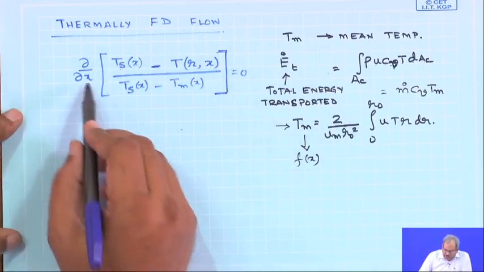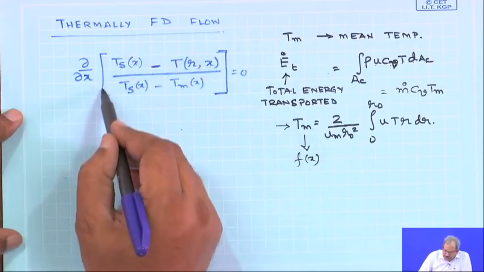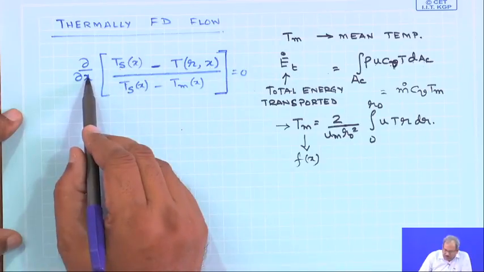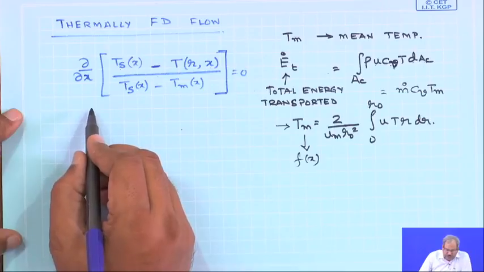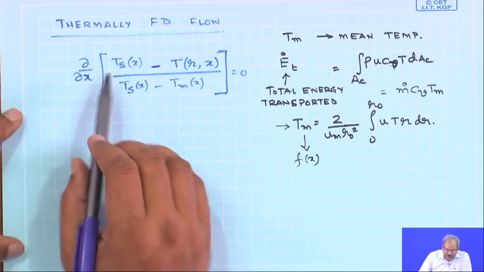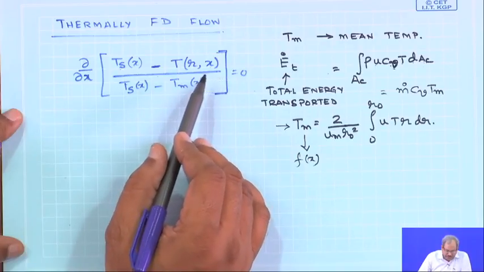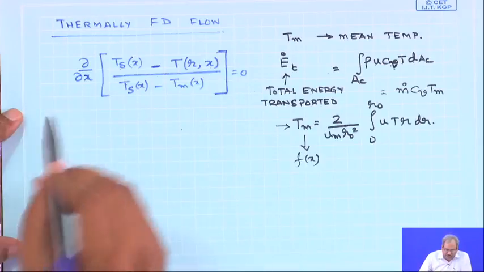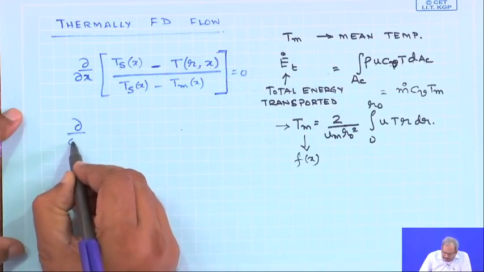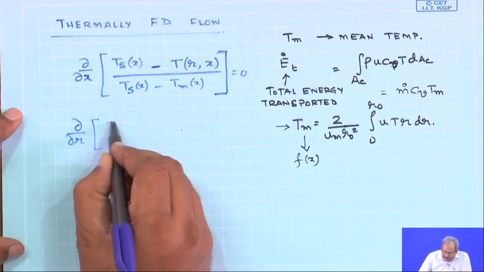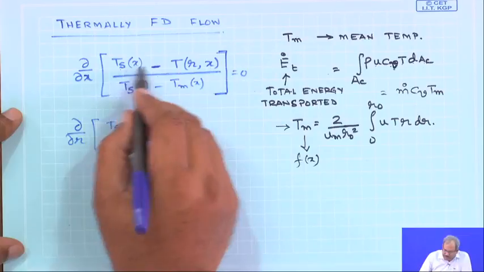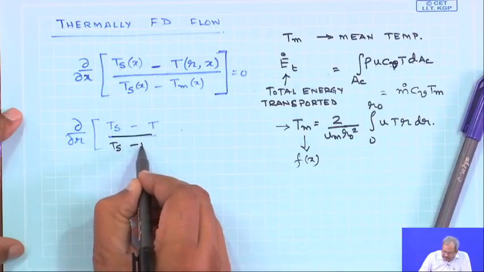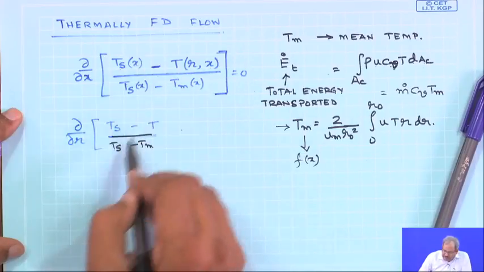If the temperature ratio, that is the expression inside the bracket, is independent of x, then the derivative of the ratio with respect to r must also be independent of x. What I mean is, if I write it this way, (Ts − T)/(Ts − Tm), I am just dropping the x and r dependence, but they are the same as before, to make it more compact.